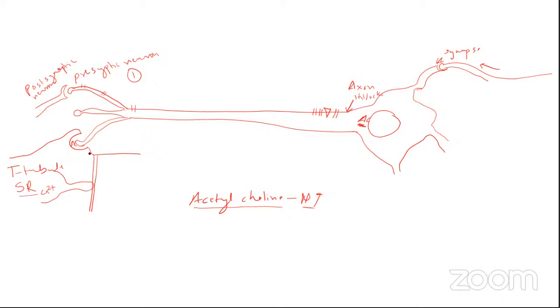So whatever is channelized through the membrane of the T tubule will be channelized through the membrane of the sarcoplasmic reticulum as well. That is responsible for opening up of the channels which are going to allow a quick rush of calcium ions outside the sarcoplasmic reticulum. Do you remember this mechanism?